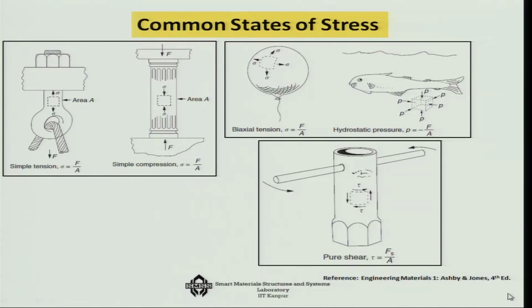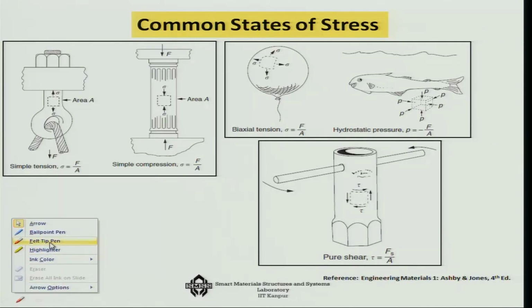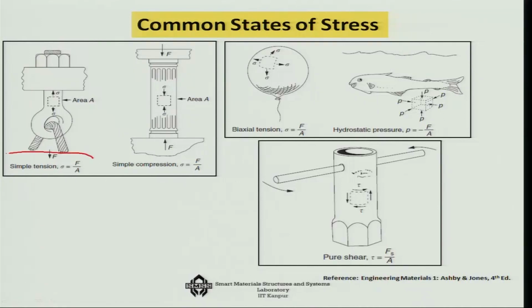Now, what are the other common states of stress? In day to day experience you must have seen simple tension in something like a rope, or pulley based systems, and you will see simple compression in something like a column.